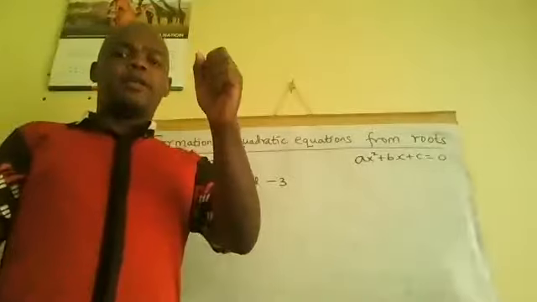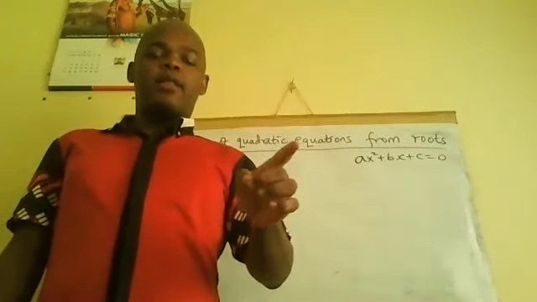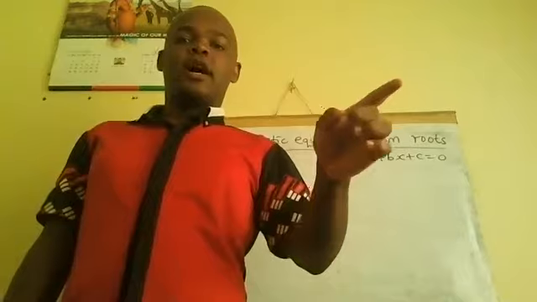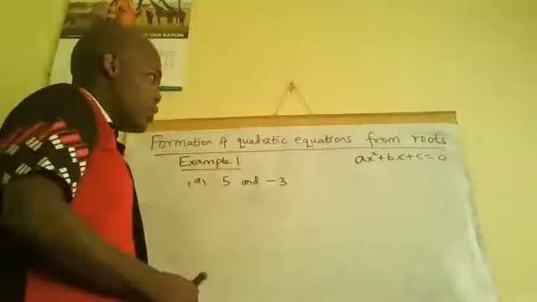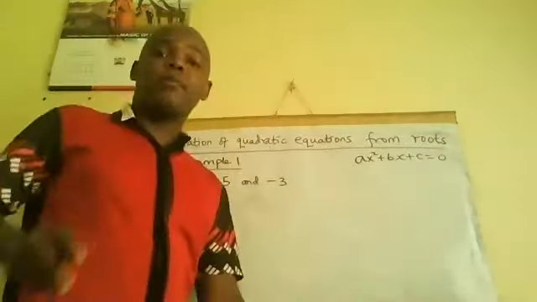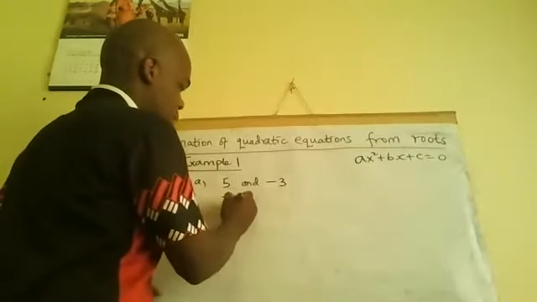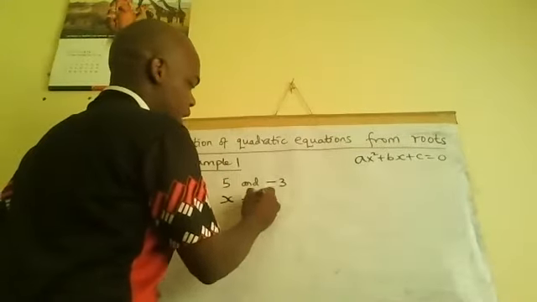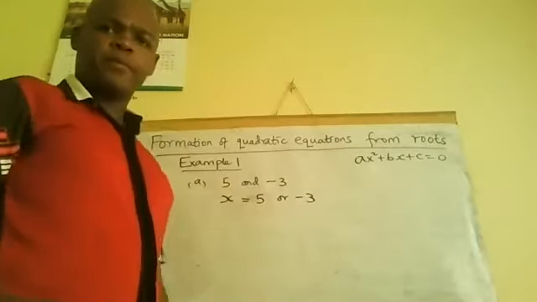Remember that the roots mean the solution. So when I'm talking about the roots, I'm talking about the solution, the answer you get. So we say that x is equal to 5 or -3.